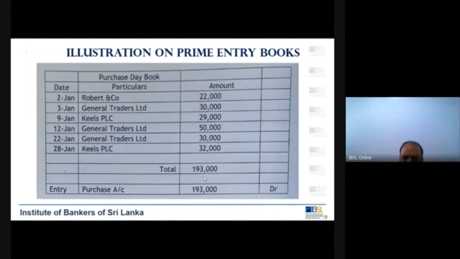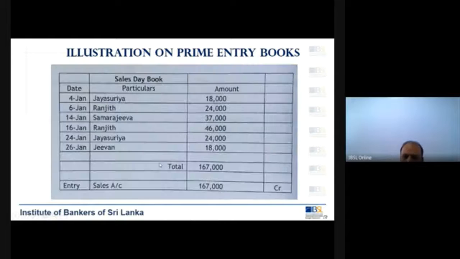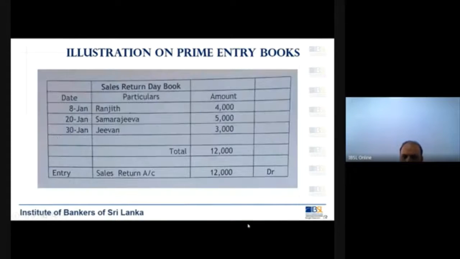Instead, you will receive 12,000 less. So how do I record it? I will debit an account called sales return because I don't debit the sales account. I need to show how much of sales was actually done. And the credit will go to the same debtors account, so that it will now be 167 minus 12.